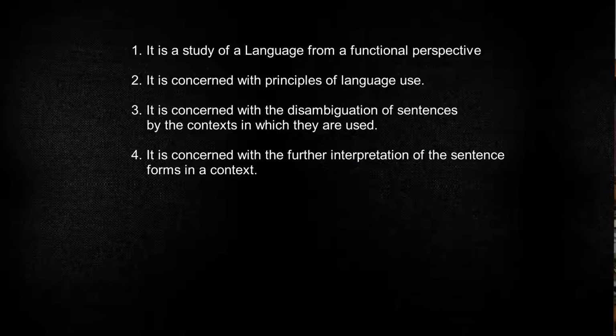Again, context is related to the function and the language use. Context: where, to whom, why it's used. So the context of situation really influences why the language is used and why the pattern is used. So pragmatics is really related to the context where the language is actually used.